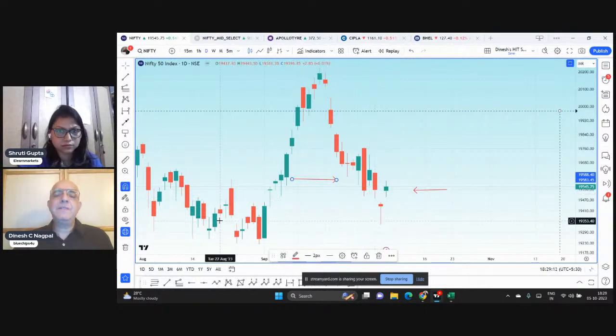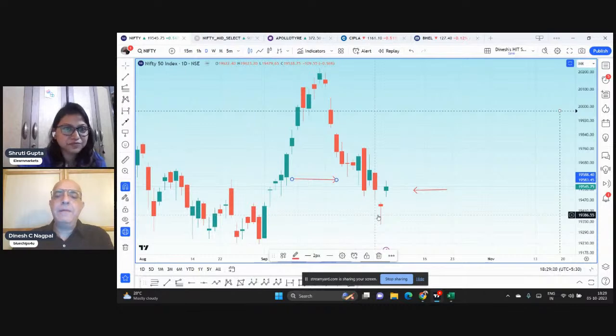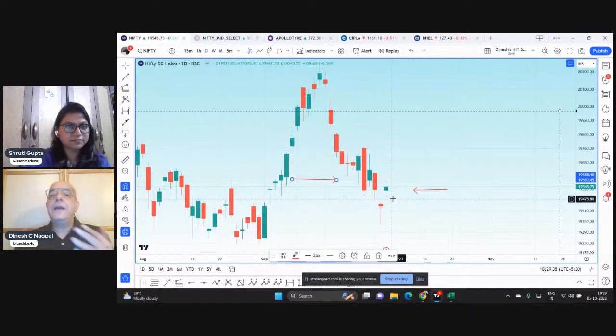Just imagine the map of India and imagine Sri Lanka down here. That's an island. Or imagine Andaman Nicobar surrounded by water. So this is an island, and we have a reversal. There is no volume, no tick, no trade in this zone. When a bullish island reversal takes place after a correction, it's considered a good reversal signal.